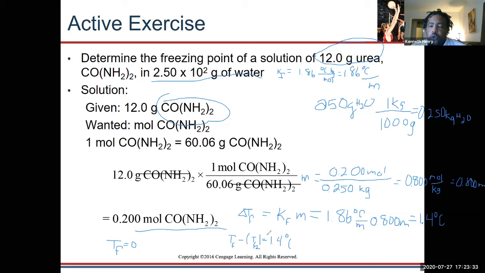Now we're saying that with this solution, water would freeze at negative 1.4 degrees. You guys see that? Yes, no, maybe?